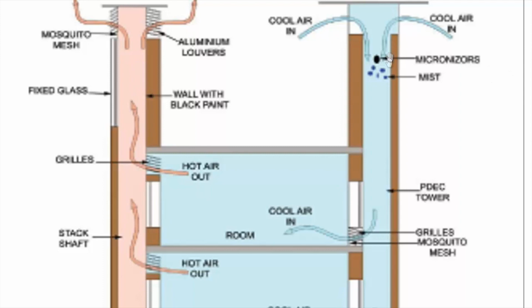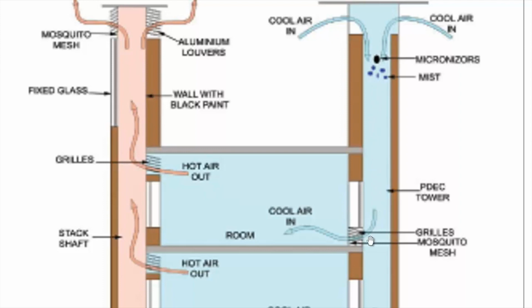So, you have air which comes in, micronizers or mist producing devices, it could be anything. Traditionally, we have used earthen pots with water inside, but now we can also have a mechanized system which sprays water continuously. The air which comes in absorbs the humidity from the spray.